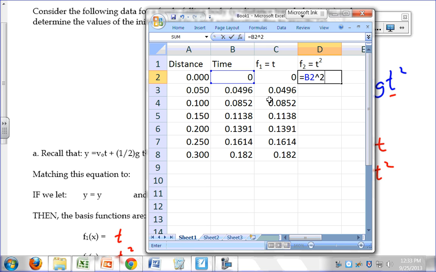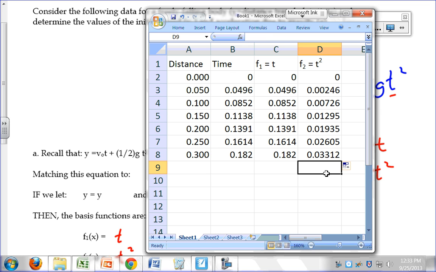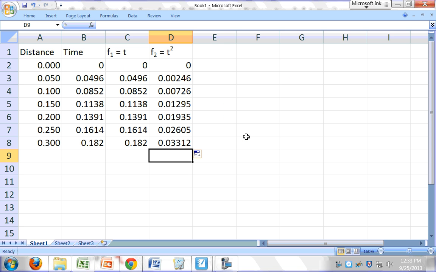Caret and then 2. So shift 6. And that's T squared. All right? So you have a column of F1, a column of F2, and so on. If you have an F3 and an F4, you put that in the next column, right next to each other. Okay?